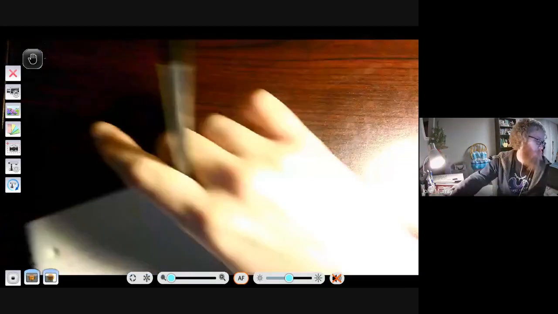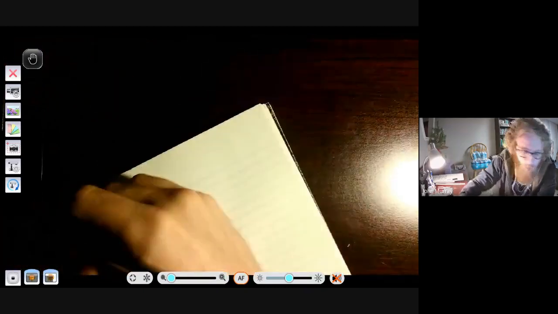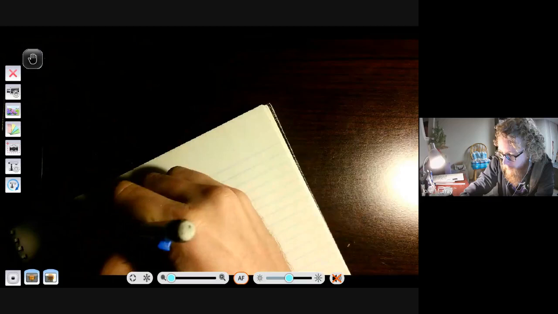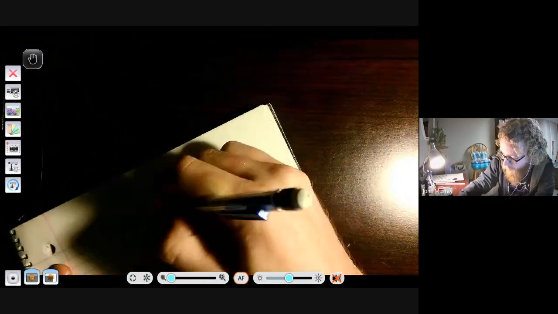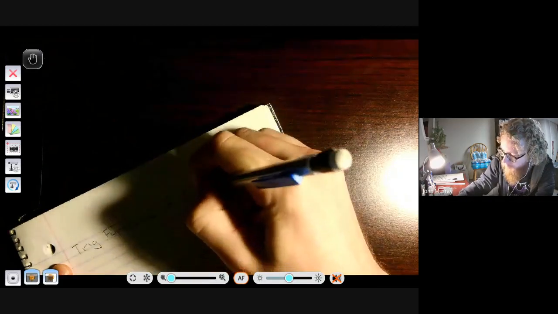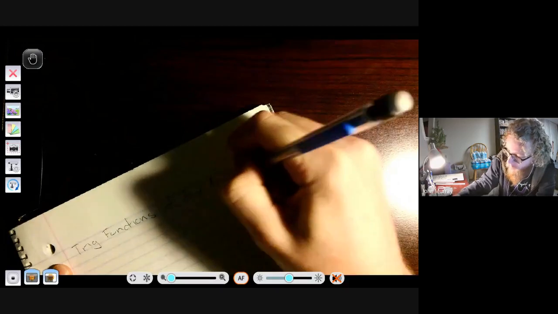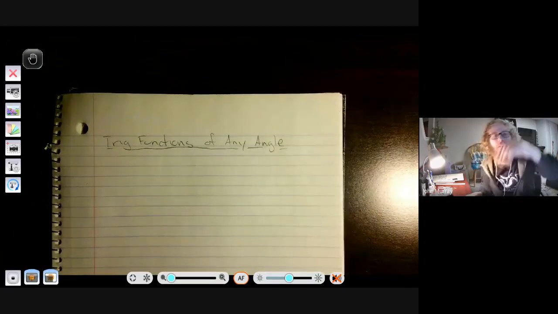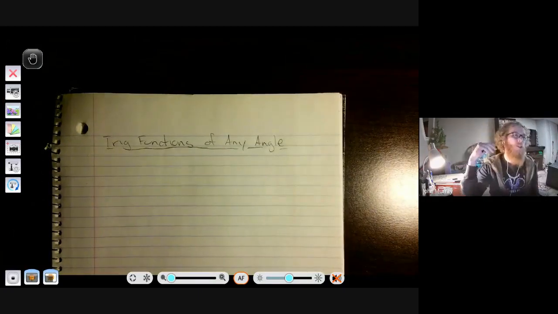All right, so we don't have much time, but I do want to get started on the next lesson so we can just jump into it next week. So we figured we use the unit circle to evaluate trig functions of our special angles.